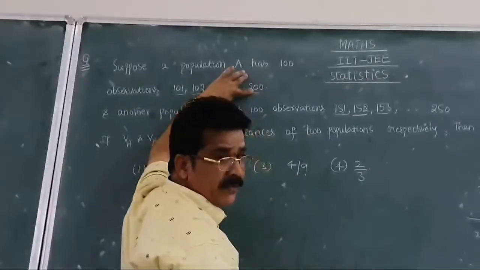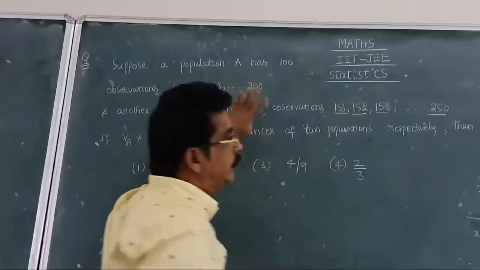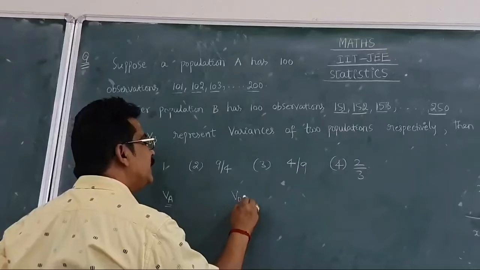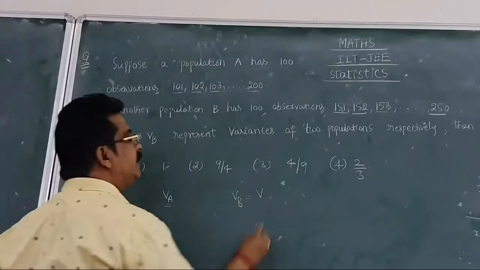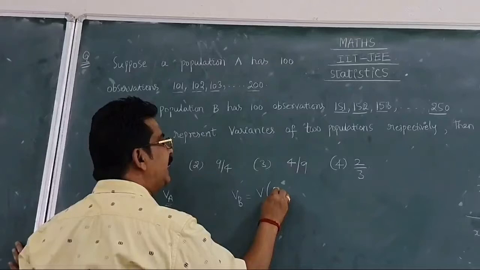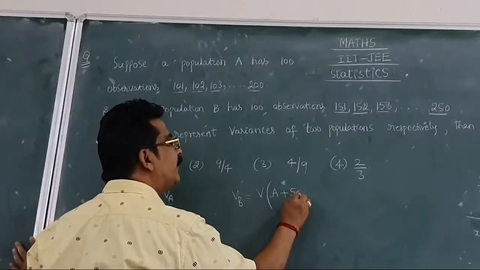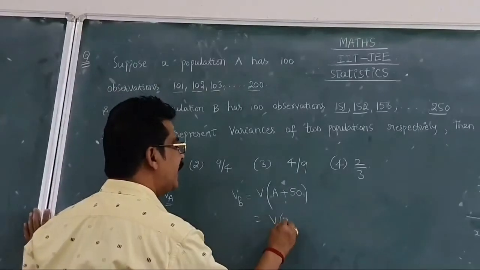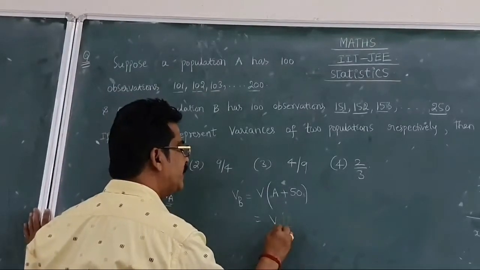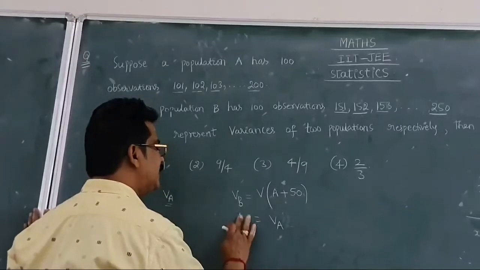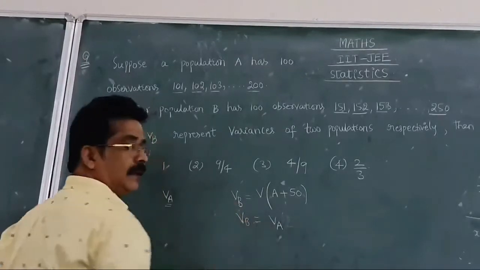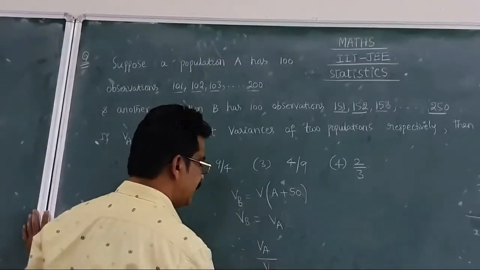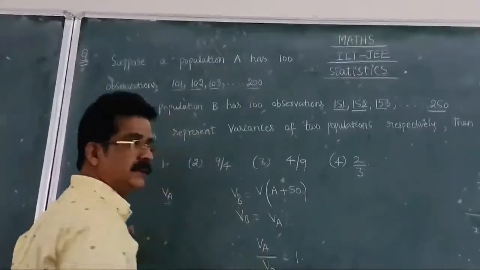Similarly 200 plus 50, how much? 250. Understand? Here B is nothing but A elements plus 50. So it is the same as VA. So this is VB. Understand? So therefore, VA by VB is equal to 1.